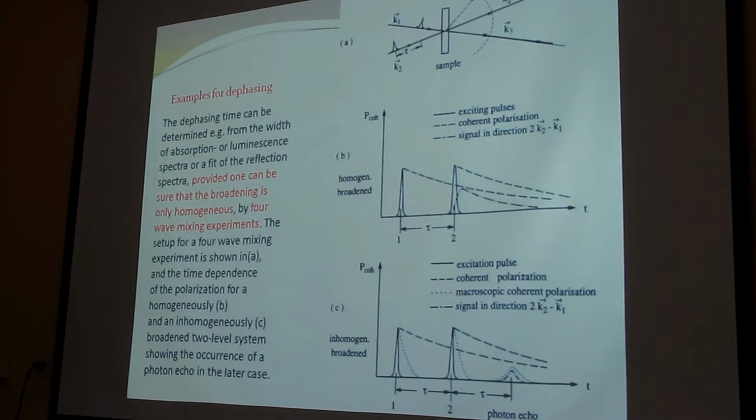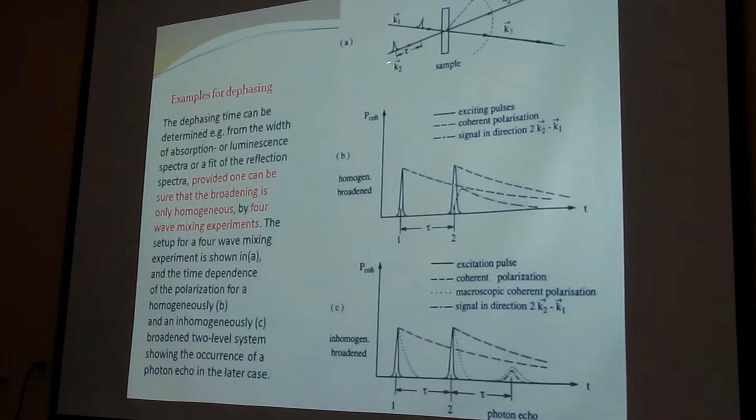Now, how can we measure the dephasing time? In principle you can measure it from the absorption spectrum if you know that it's only homogeneously broadened. This you usually do not know. So you must take other possibilities, and one is so-called four-wave mixing. You send a short laser pulse into the sample, which produces some polarization, but this one comes first.